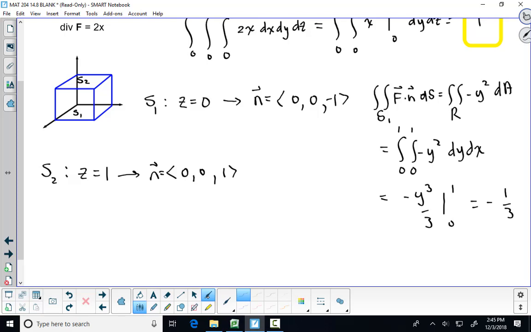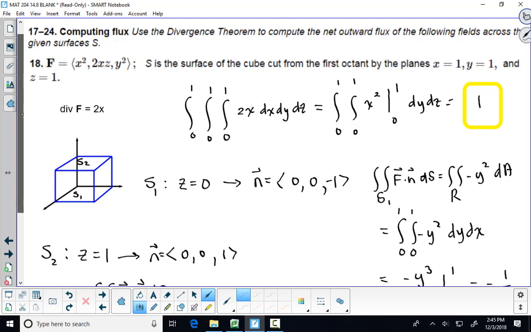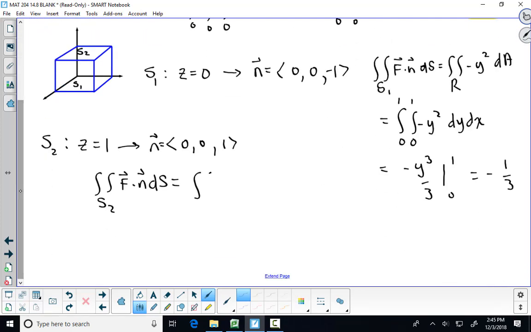Now let's try this face, the opposite face, and see if we get cancellation or if we get a little accumulation. So here we're going to have double integral over S2 of f dot n ds. That's going to end up giving us, so 0, 0, 1. So we get positive y squared. We can go dy dx.